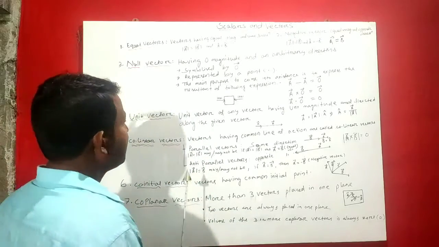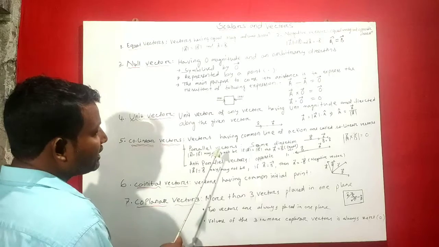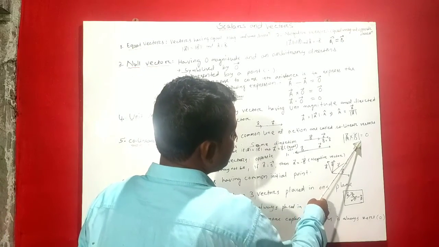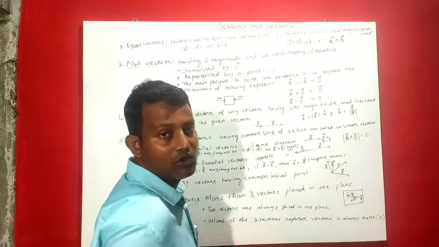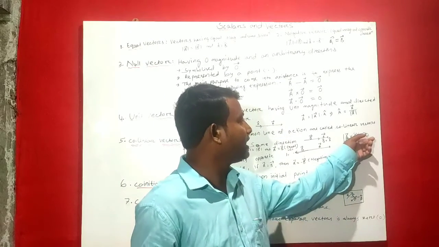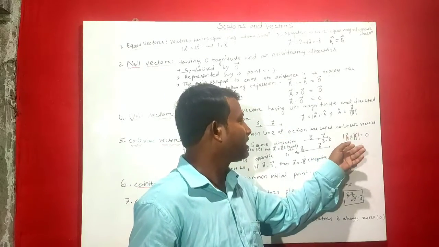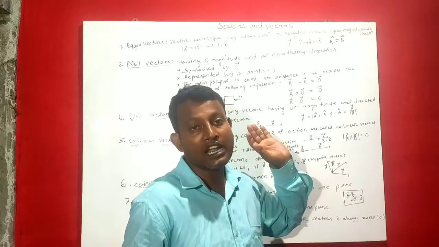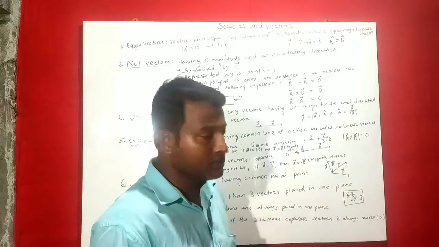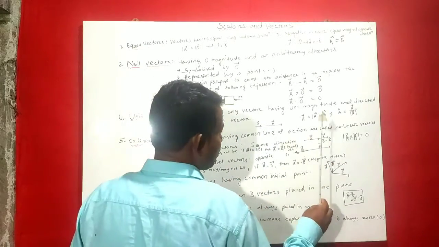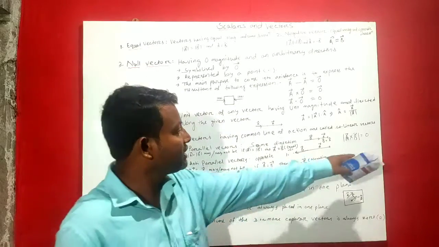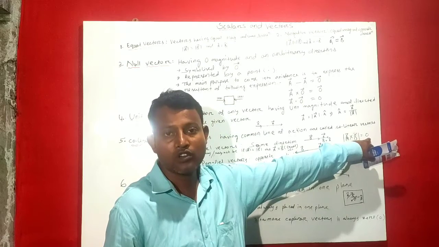We can also say that for collinear vectors, the magnitude of the cross product is always 0. How is it possible? I will explain later at the time of the discussion of the cross product of vectors. Just remember that the magnitude of the cross product of two collinear vectors is 0.